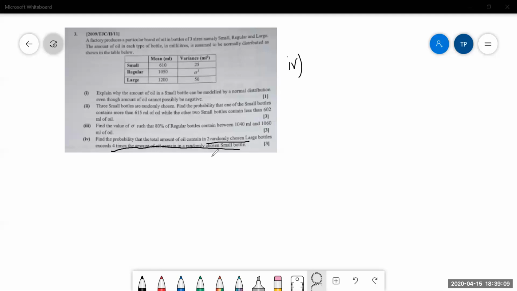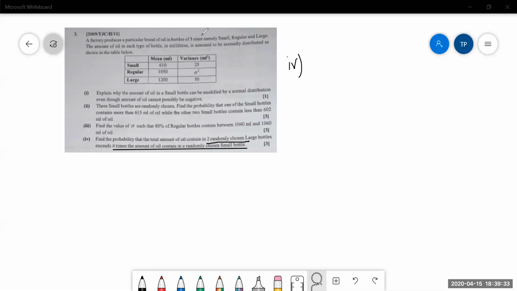The next one is 4 times the amount of oil contained in a randomly chosen bottle. How are you going to express this? It's not 4 times L. It's 4S, correct.